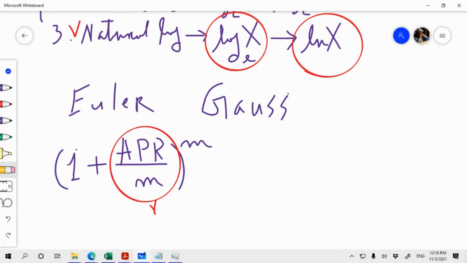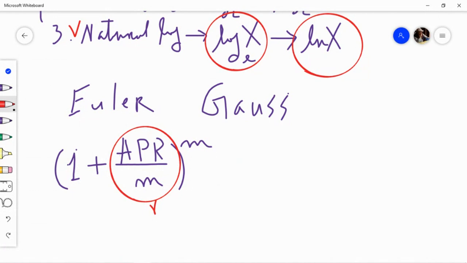But I've been telling you that m can be any number. Theoretically, it can be by the second. Or what if m goes to infinity? Of course, I told you, practically, daily compounding is the maximum they use.